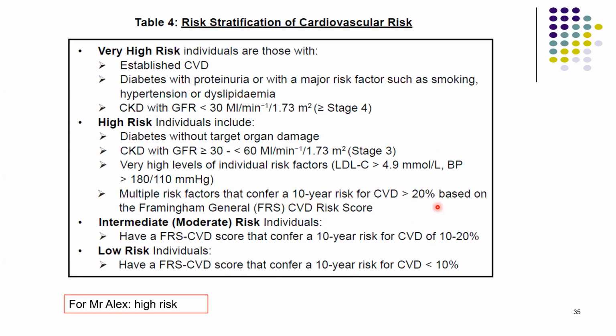Just now the patient Alex had 29, so Alex will be high risk. Later on, I gave you also a case, a patient with chronic renal failure. Chronic renal failure can fall under very high risk or high risk: stage 3 means high risk, stage 4 means very high risk.